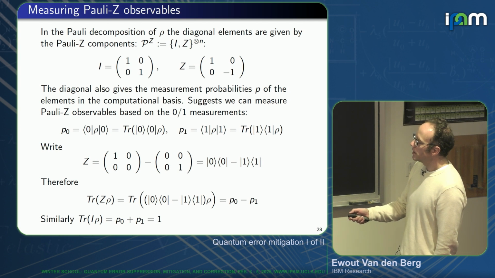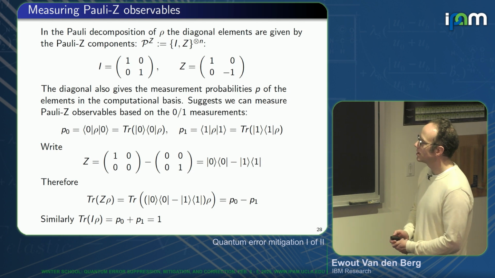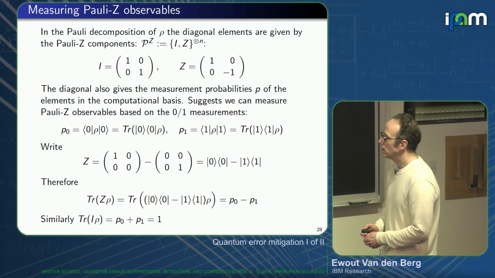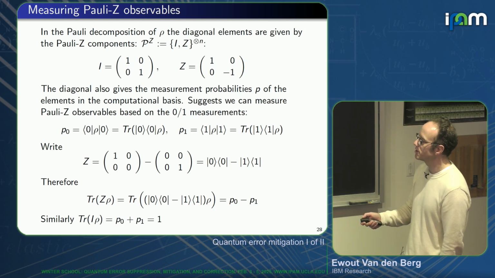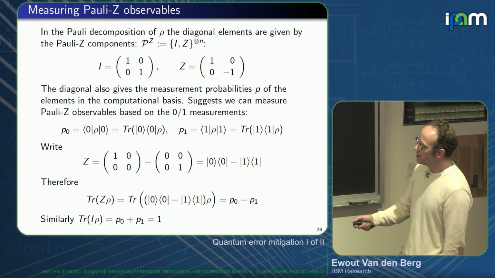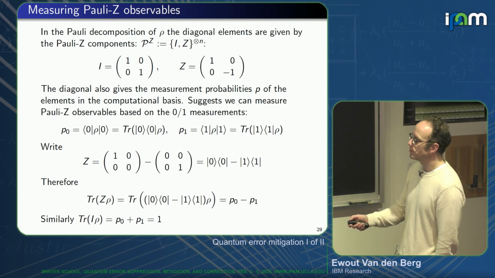So they just give you the measurement probability, so that suggests that you can measure Pauli Z observables based on the measurements, right? So the probability of measuring 0 is just this trace here. And likewise, the probability of measuring a 1 is given by this expression here.